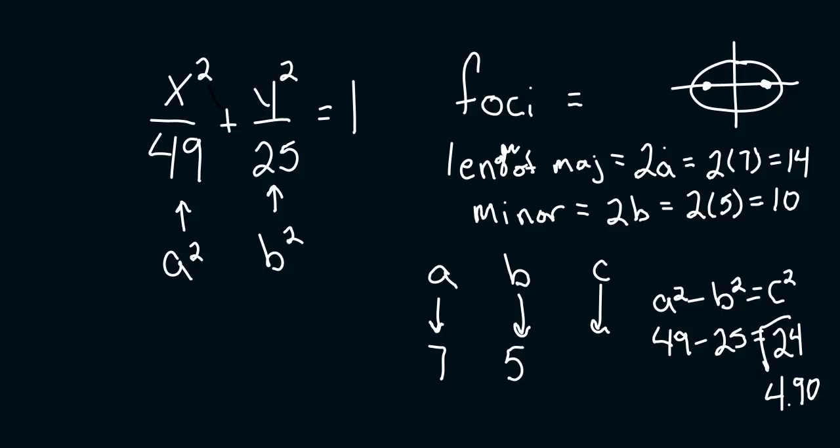So now, because the foci are on the x-axis, that distance is 4.9 on both sides. So it'll be a positive and a negative 4.9. 4.90 is my one, and the other one's negative 4.90. There you go.